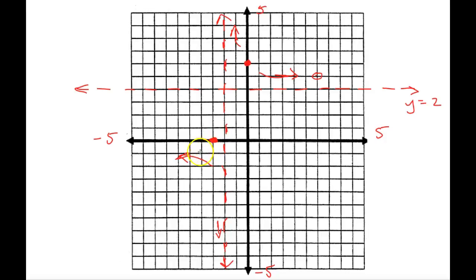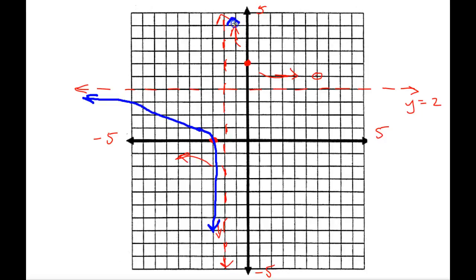We also know that the function does not cross the horizontal asymptote at any time. So now we're going to put everything together and draw our final graph. On the left side, we come through here, go down like that, and on this side, come right along the horizontal asymptote.